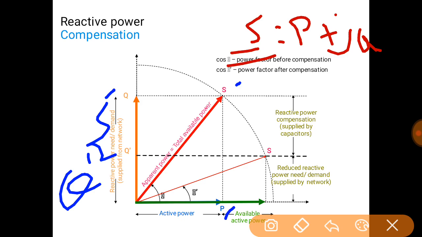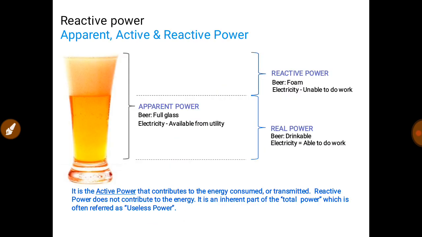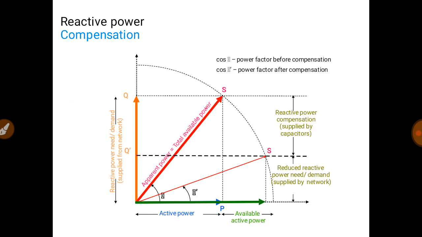Our system has S constant, then we make a line of S, this line, and connect it with Q dash, our compensated reactive power. Then we get that our system's active power is increased.